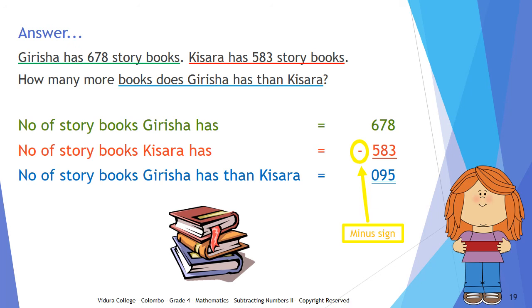The answer is not given in the question. You have to find it by calculating. Okay, children? And another important point you have to remember, you have to mention the minus sign in the statements. Can you see I have put it there? Yes, you also have to put it.